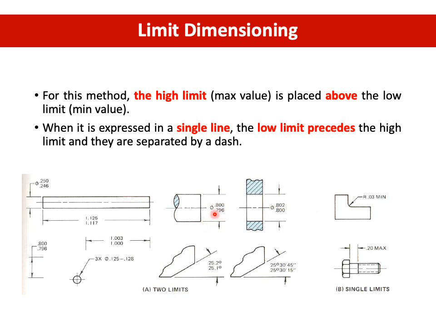If you express a single limit, it can be either positive or negative, meaning you have either a maximum or a minimum value. Shown here is a radius of 0.03, which is a minimum. So it will show either the minimum or the maximum value.